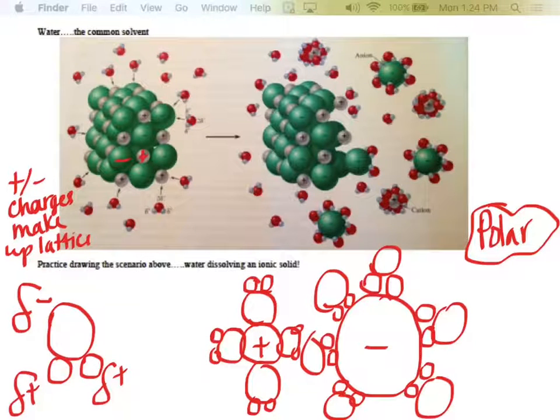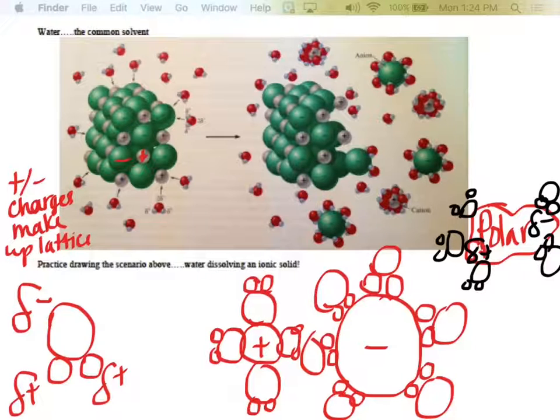So if I have a polar molecule, say sugar, and it has a partial positive and a partial negative side, then we would expect the oxygen of water to be over here, turned that way, and over towards the negative we have the hydrogens, the water turned that way. Okay, does that make sense how I'm drawing them? Polar is an unequal distribution of the charges, so one is sharing more than the other.